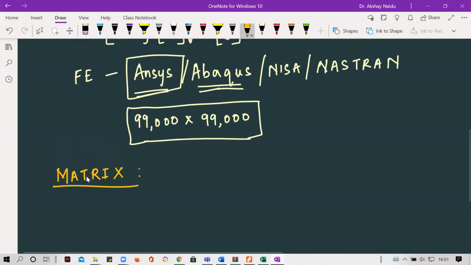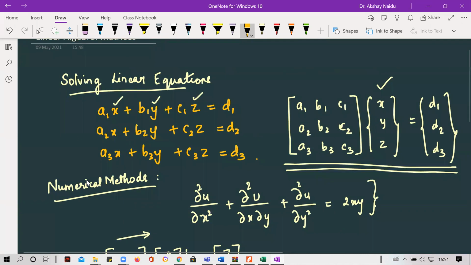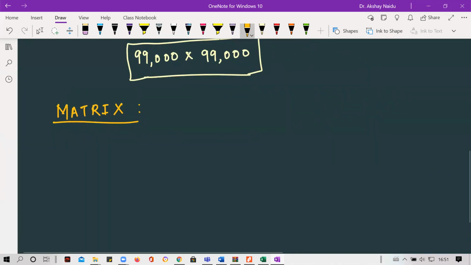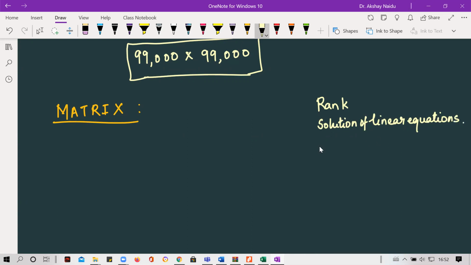So in GATE and IES, the concepts they ask in linear algebra primarily are rank of a matrix, then solution types for linear equations, whether the linear equations have infinite solutions or finite solutions, and so on. Very important, they ask for eigenvalues and eigenvectors.